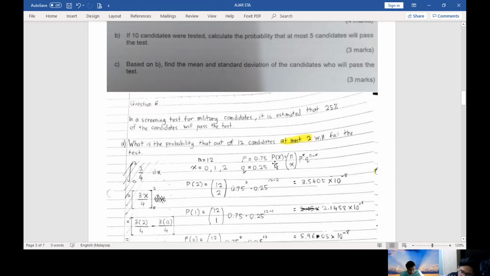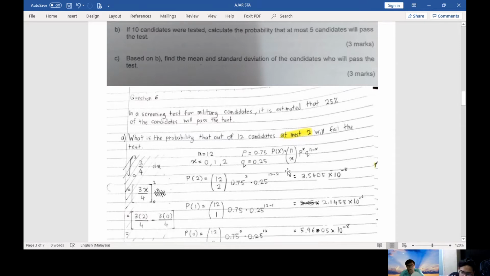If the successful rate for candidates who will pass the test is 25%, we get 0.75 by 1 minus 25% over 100, and we will get 75% over 100 to find it in point, not in percentage.